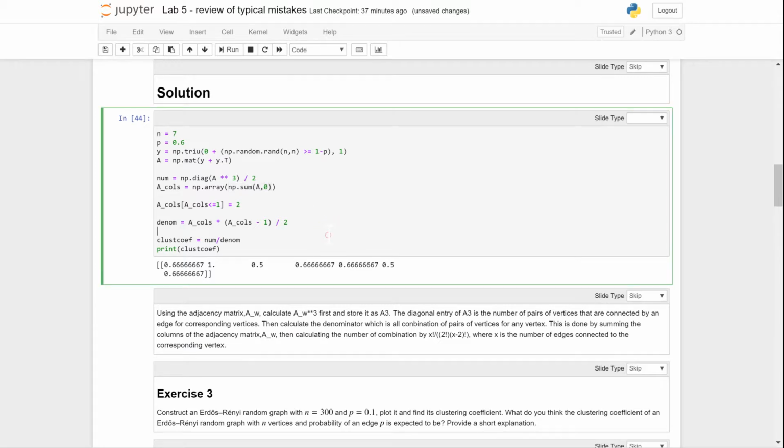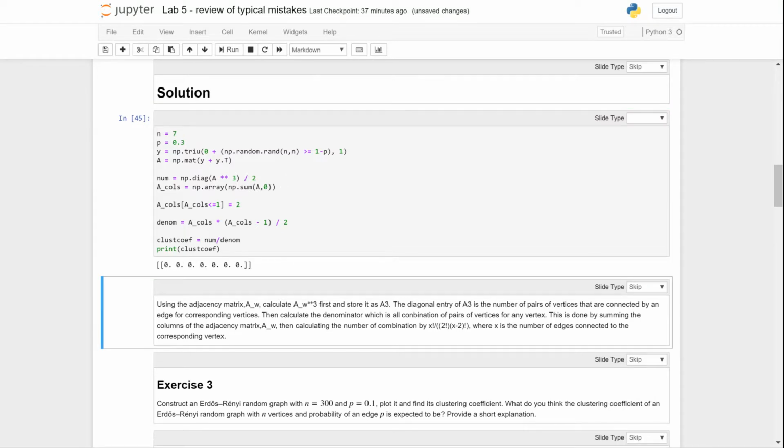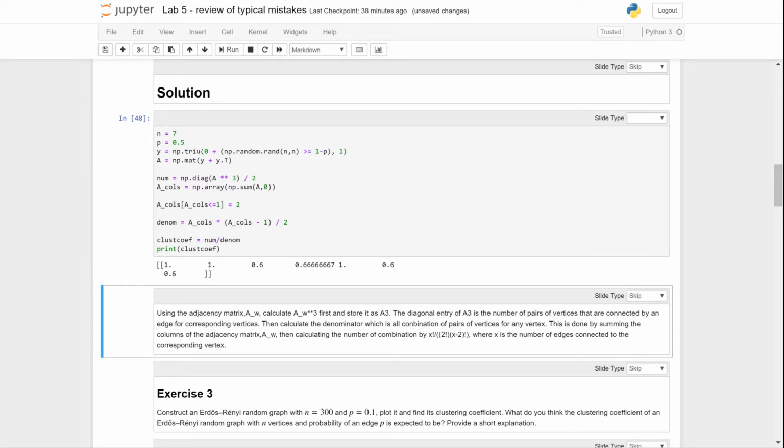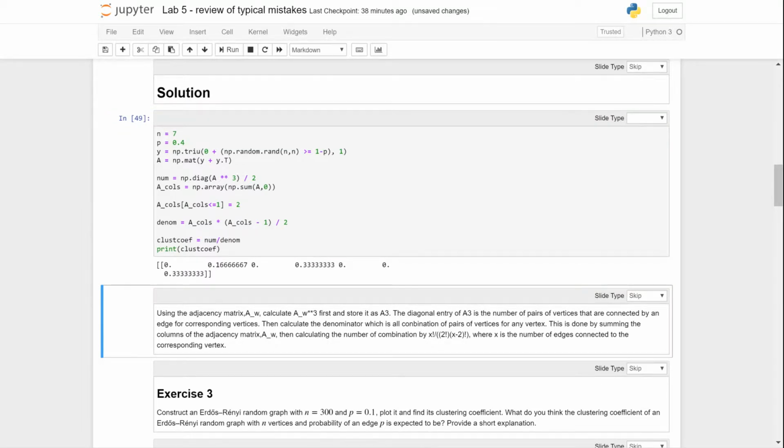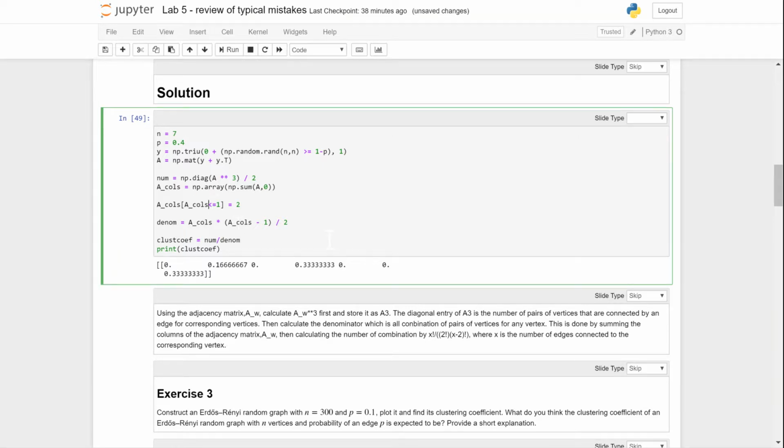So now it works. However, it does not always work. Let me set p to be smaller. Sorry. 0.54. No, somehow it does. Sorry, yeah. No, it does work.